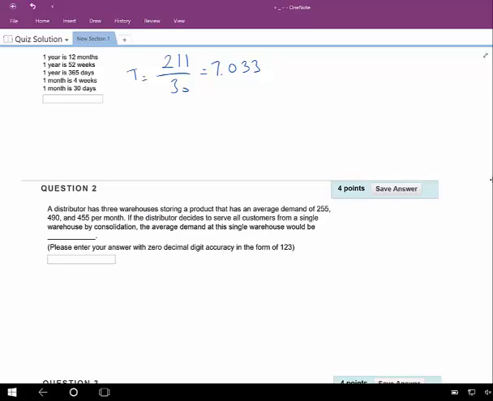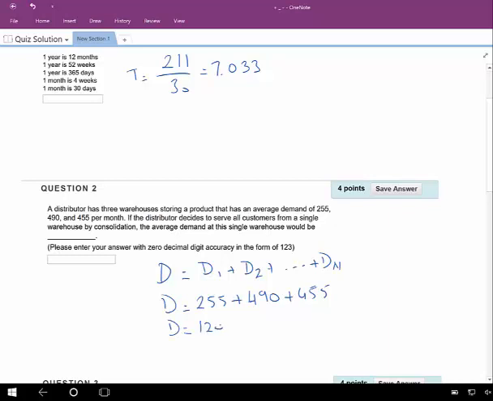If you remember, during inventory consolidation, the new demand is basically demand 1 plus demand 2 plus demand n. So that is 255 plus 490 plus 455. The new demand would be 1200.